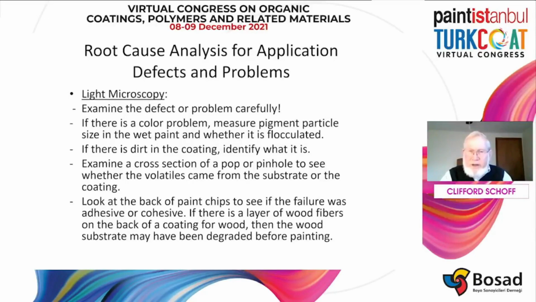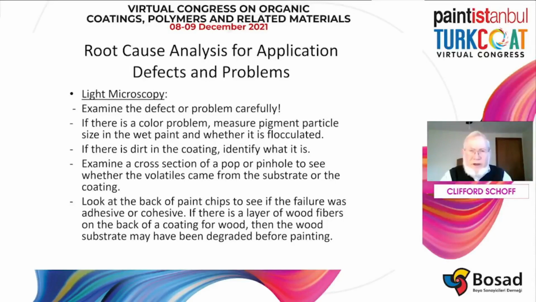I might look at it in the wet paint, but usually if there is dirt, it is coming from the customer's plant or from the area where the painting is being done, for instance, a building or a house. Very rarely is it in the paint. I may need to examine a cross-section of a pop or a pinhole to see whether the volatiles come from the substrate or the coating.